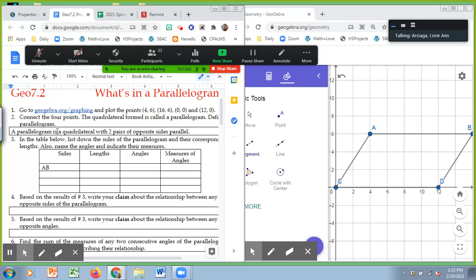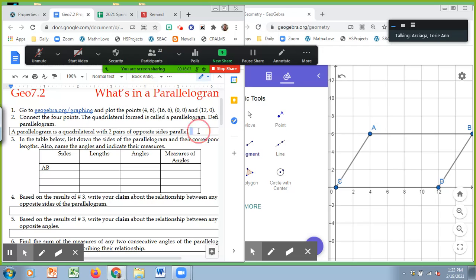For example, it says a parallelogram is a quadrilateral with two pairs of opposite sides parallel. So how would you prove or show or support our claim that the opposite sides are parallel? You have to use your image, okay, you have to use your sketch to do that.